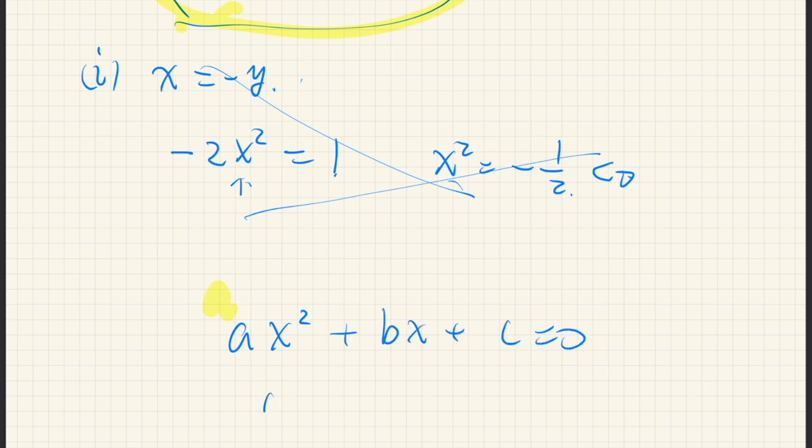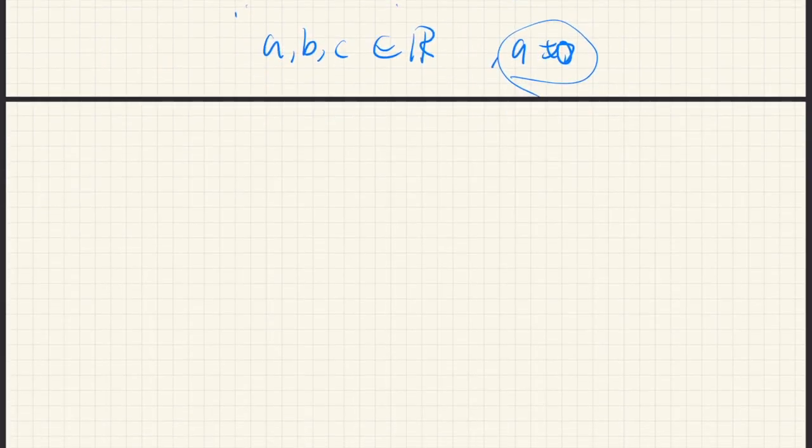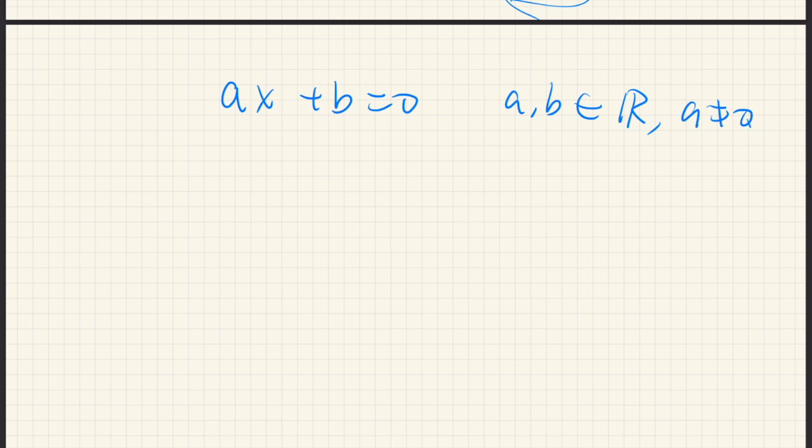So a, b, c are real and a is non-zero. For any combination of a, b, c, as long as a is non-zero, we know how to solve it. And the solution is always within the set of complex numbers. Now, let's review what we have done along the way. In order to solve a linear equation where the coefficients are real, the solution was always within the real numbers, right?